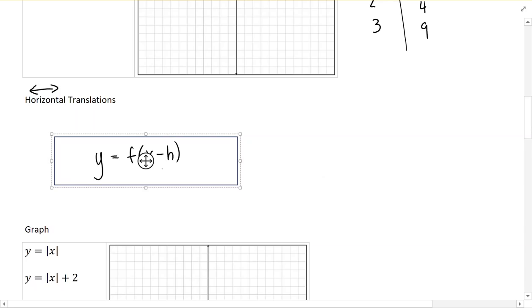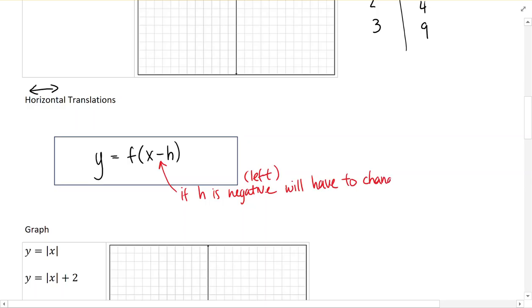Now, one thing you have to be very mindful of is this negative sign. Please be mindful of that. If you're moving things to the left, so if h is negative, then the h value, if it's negative, you will have to change it to plus.